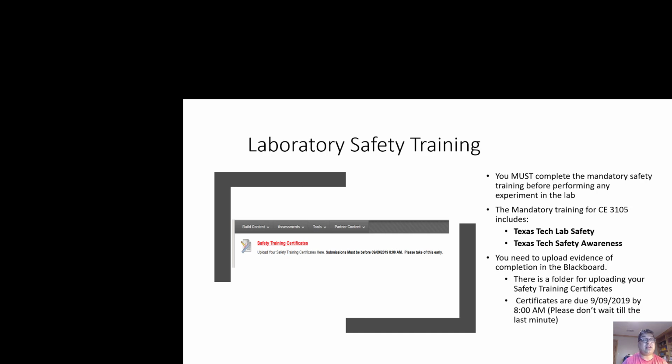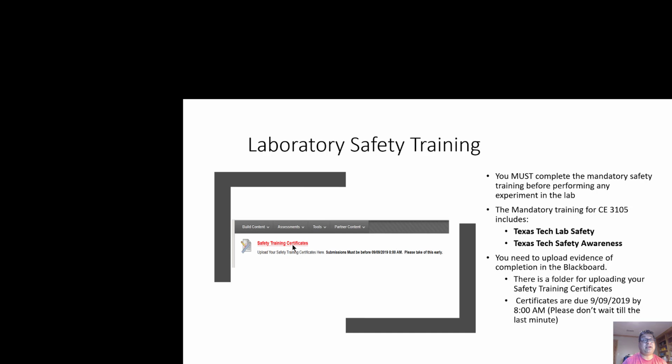You need to take this training and upload the evidence of completion in Blackboard for the class. There is a folder called the safety training certificates. Make sure that you upload your safety training certificates here.